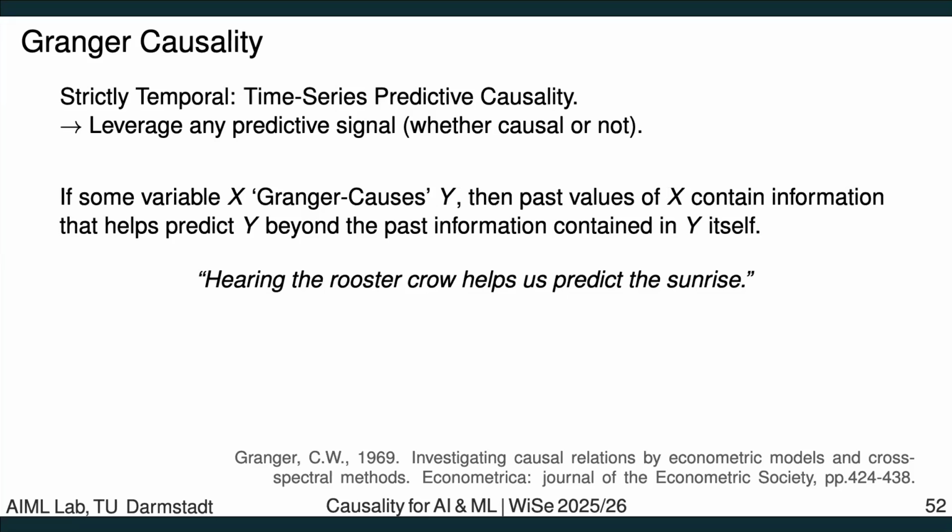It tells me that if I can use some signal to obtain information about my outcome, then this is a cause, or at least a Granger cause. If I hear the rooster crow, it helps me predict the sunrise, but of course there is no direct causal relation. So this form of Granger causality, named after the inventor, really is about predictive power.